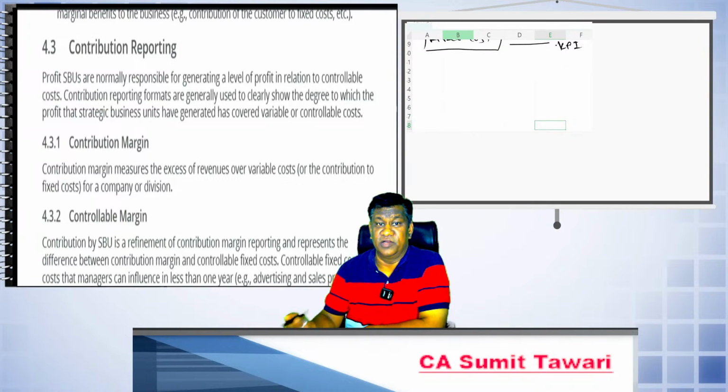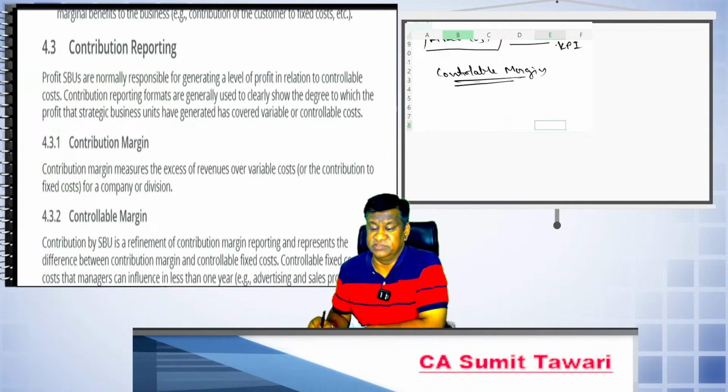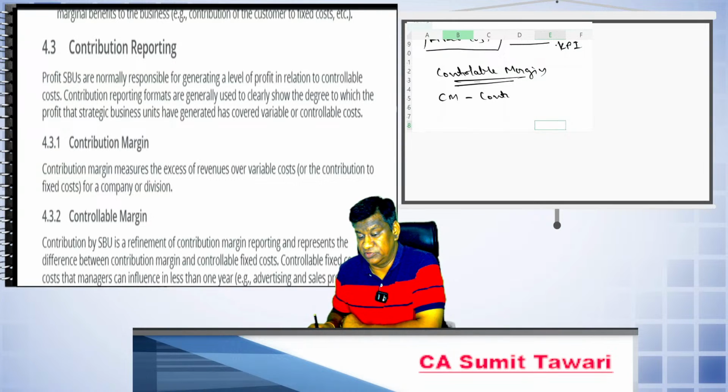Then controllable margin. If I consider the controllable margin, controllable margin means what is my contribution margin minus controllable fixed cost.